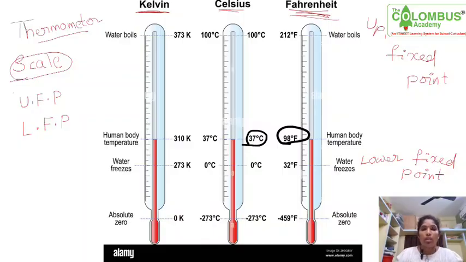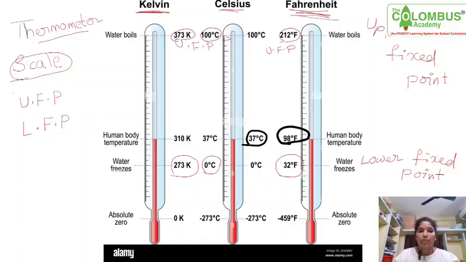In the Kelvin scale, the upper fixed point is 373 Kelvin. In Celsius, the upper fixed point is 100 degrees Celsius. And in Fahrenheit, the upper fixed point is 212 degrees Fahrenheit. The lower fixed point in the Kelvin scale is 273, in the Celsius scale is 0 degrees, and in Fahrenheit it is 32 degrees Fahrenheit.